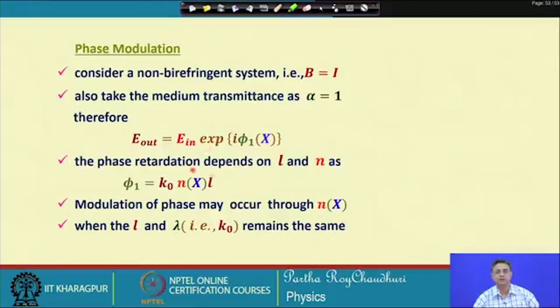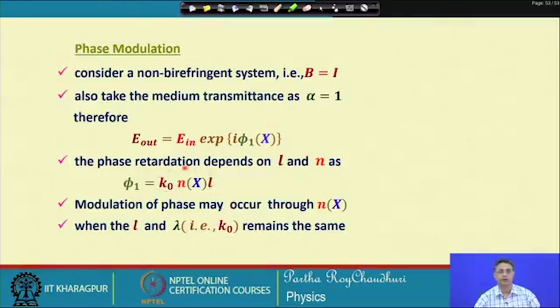So, this is the very basic point to understand the phase modulation. This is the phase, which is a function of the medium dependent refractive index seen by the propagating electromagnetic wave and the length of travel. Put together, this is the phase.